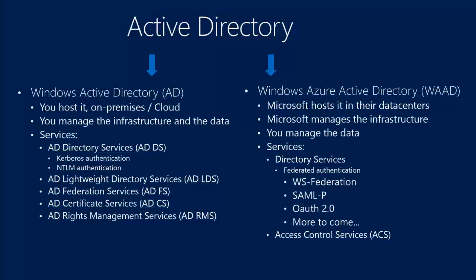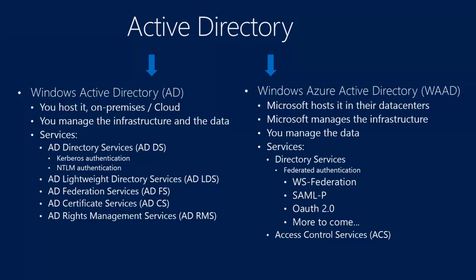The great thing about using the Windows Azure Active Directory is that you can have an application that is absolutely anywhere. And how does it get authenticated? Well, the user hits the application and then gets redirected to go and do the authentication. So the app could be in the cloud, it could be on-premise, it could be in a partner organization.